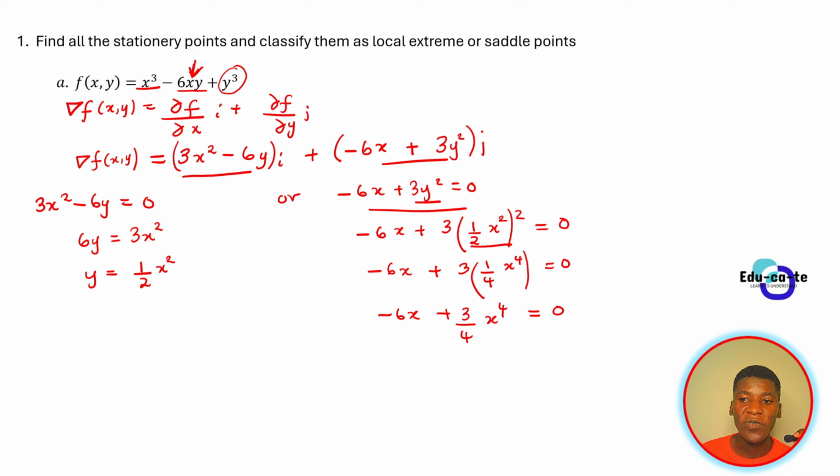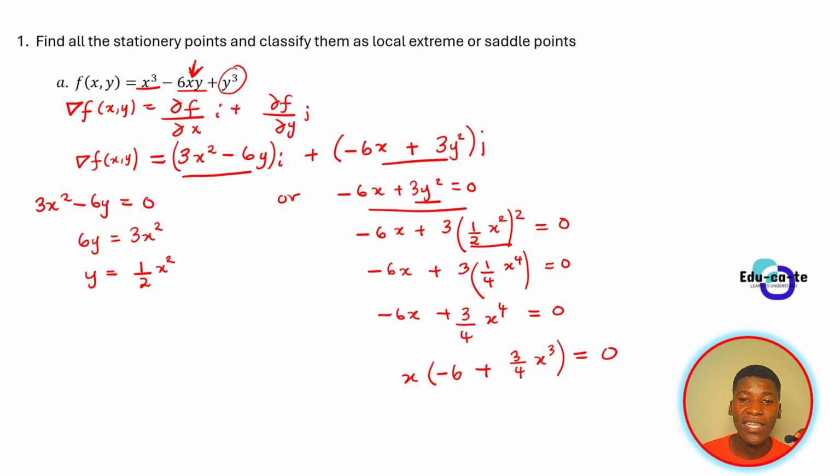And then now you have to solve for x using whatever mathematics you can use here. Basically, you can just take out x and you remain inside with negative 6 plus 3 over 4 x cubed. So x times negative 6 plus 3 over 4 x cubed will be equal to 0.